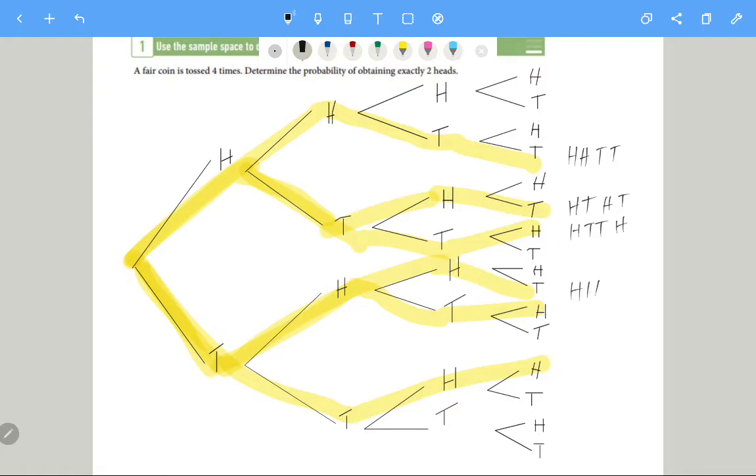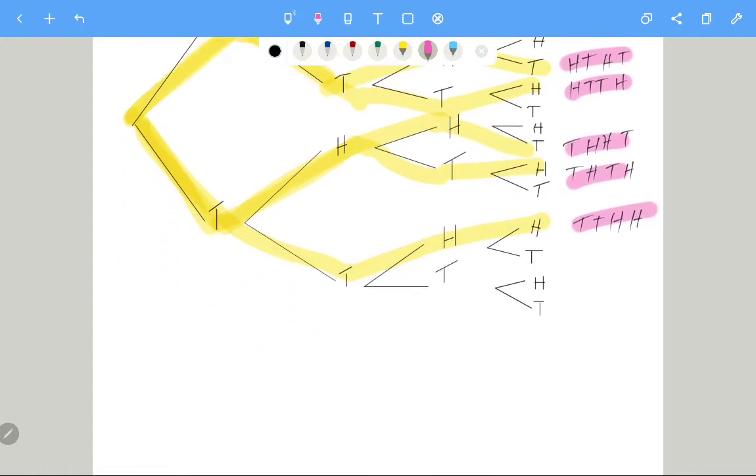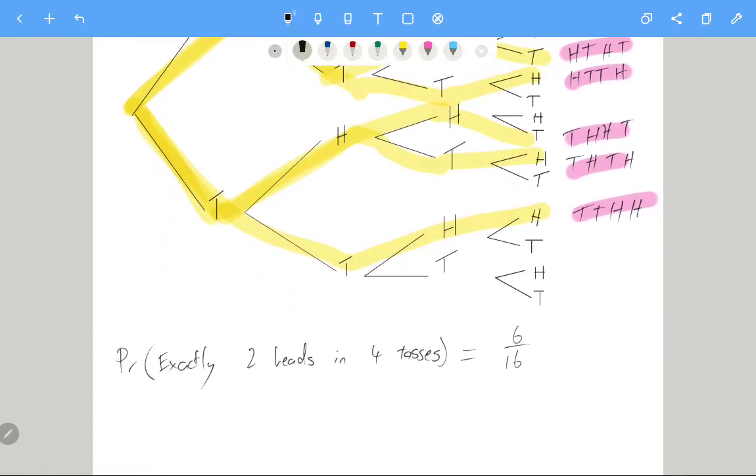Alrighty, so those are all of the different ways that you can get exactly 2 heads. And you'll notice that there are 1, 2, 3, 4, 5, 6 outcomes out of a total of 16 things. So 6 out of 16, and 6 out of 16 simplifies to 3 out of 8. And that would be our final answer.